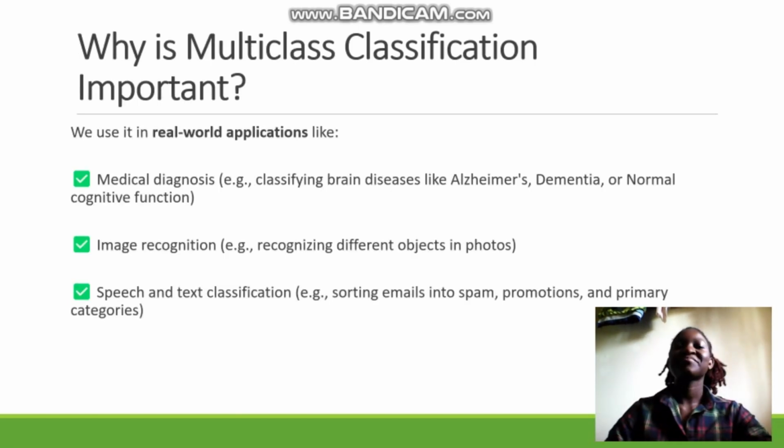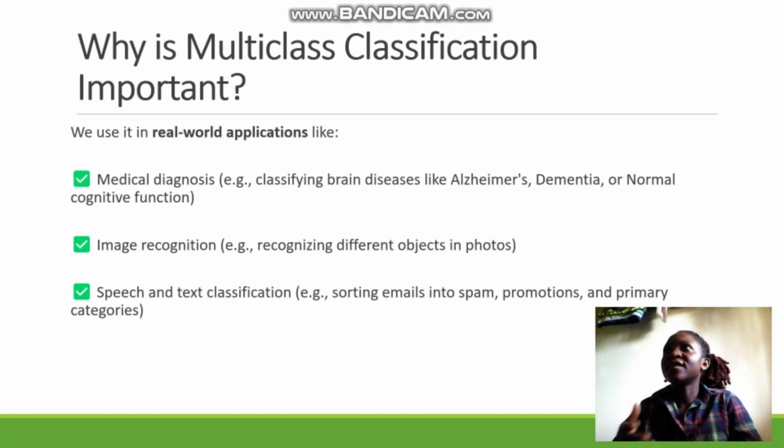Then you're asking, why is multi-classification important? Multi-classification is important in real-world applications like medical diagnosis. Let's say now, like our project, we want to classify brain diseases like Alzheimer's disease, the frontotemporal dementia, or the normal cognitive functions.